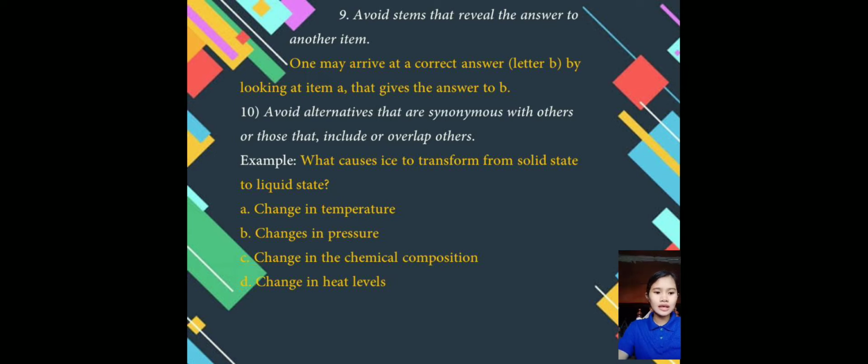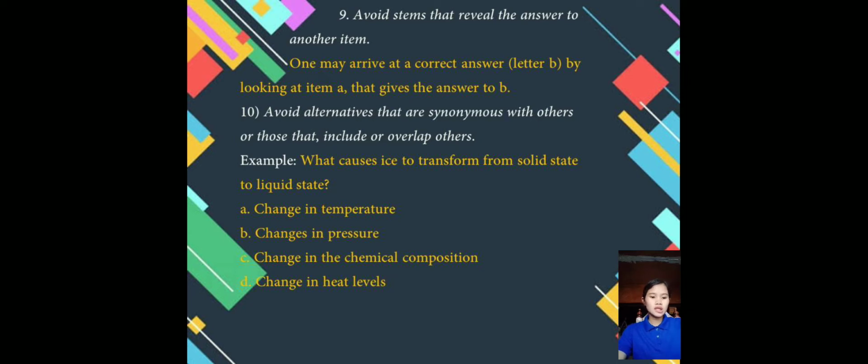Number 10, guidelines: avoid alternatives that are synonymous with others or those that include or overlap others. Example, what causes ice to transform from solid state to liquid state? A. Change in temperature. B. Change in pressure. C. Change in the chemical composition.